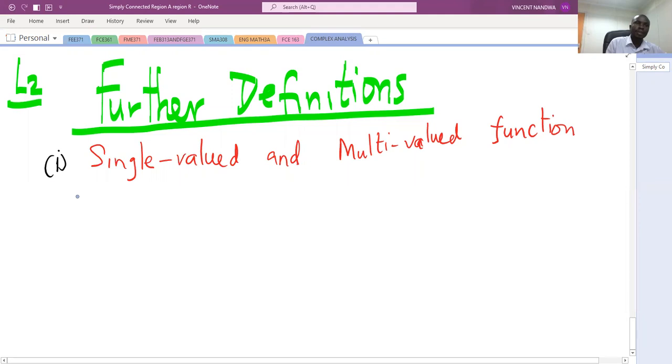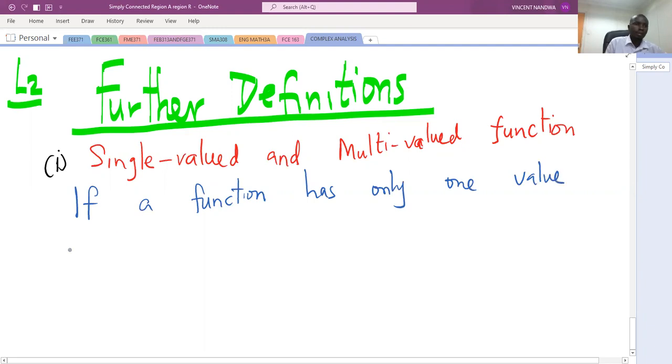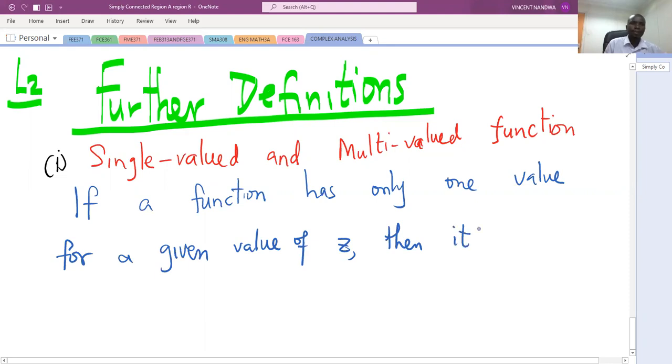We say, if a function has only one value for a given value of z, then it is a single valued function.